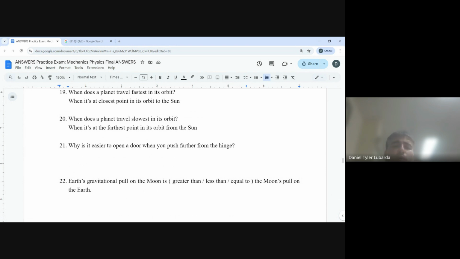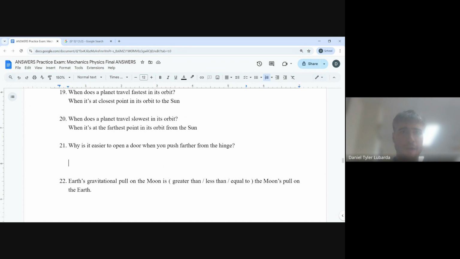Okay, number 21. Why is it easier to open a door when you push farther from the hinge? So let's think about this in terms of moments. When you push closer to the hinge, you're pushing closer to the pivot point, so your moment's going to be smaller because moment is force times the distance from the pivot.